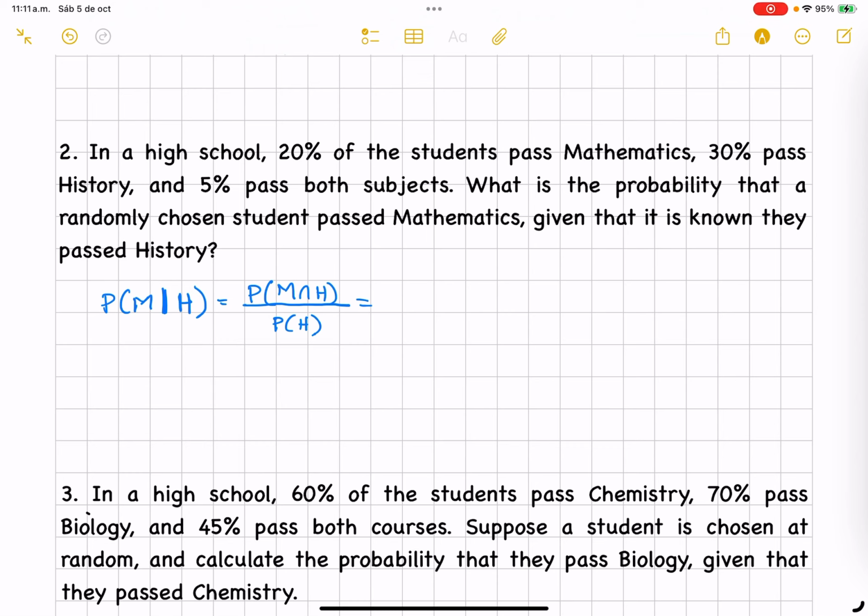The probability of passing both is 0.05, and the probability of passing history is 0.3. So we divide 0.05 by 0.3, and we have 16.67%. This is our final answer.